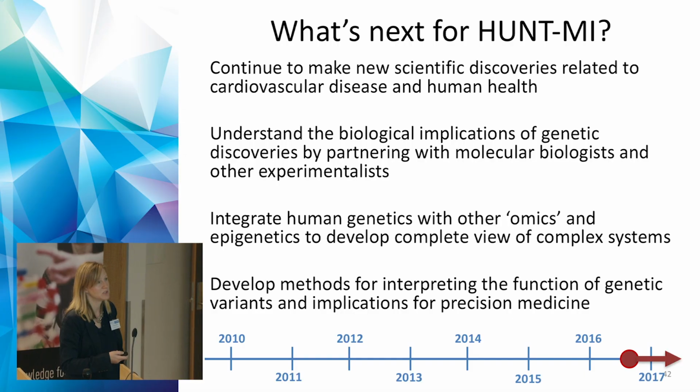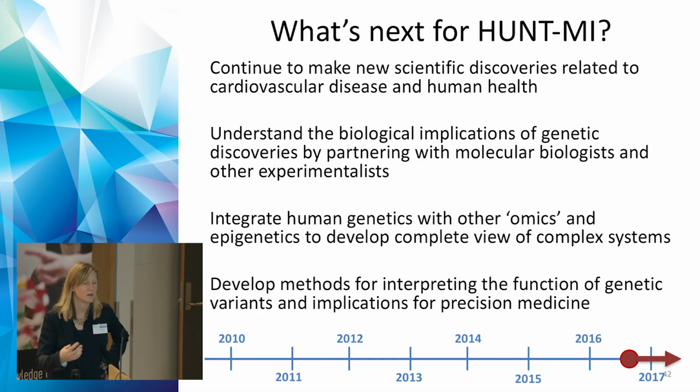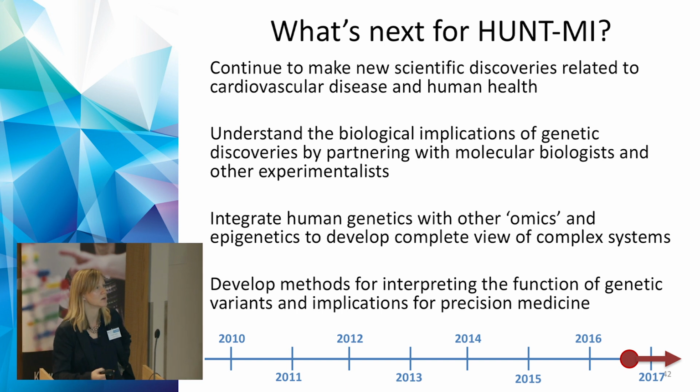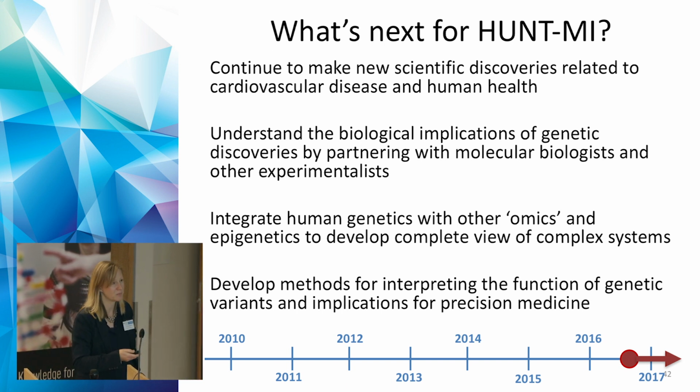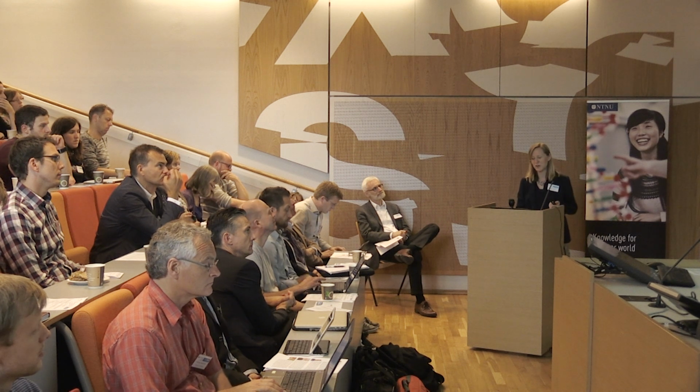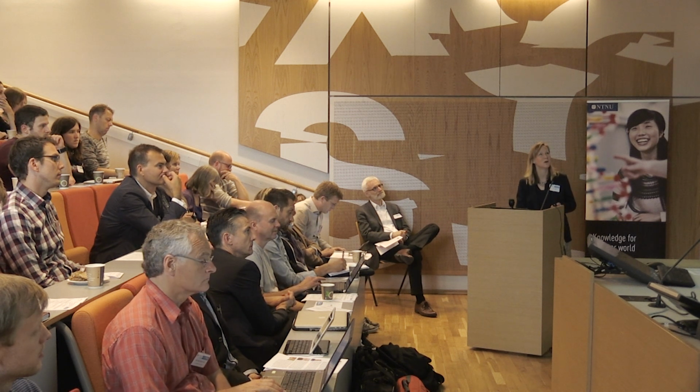We'd like to integrate human genetics with other omics, biomarkers and epigenetics, to develop a more complete view of what is obviously a highly complex system, as well as developing prediction tools and bioinformatics methods for interpreting the function of genetic variants, particularly in the non-coding part of the genome, which is where most of these variants actually lie. And what are the implications for precision medicine? Those are some topics that we're hoping to look at moving forward.